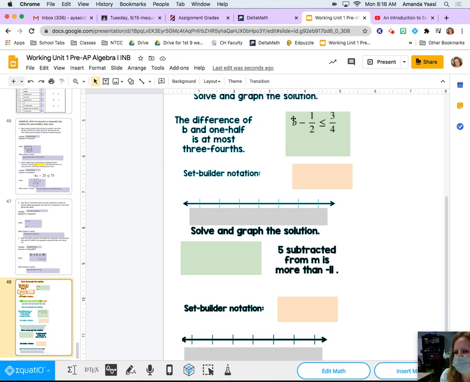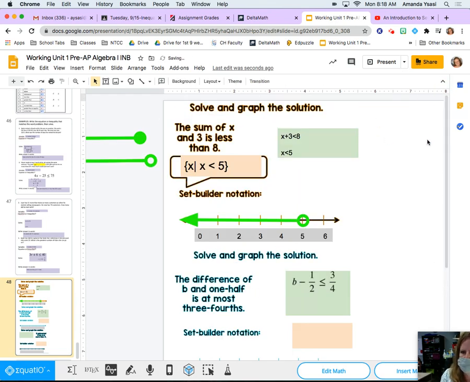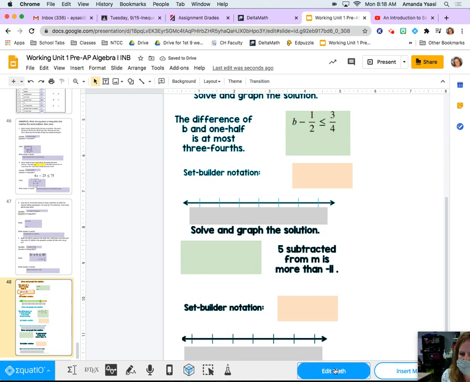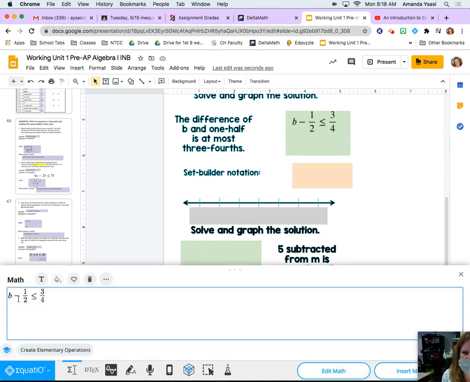But then we need to solve this. So how would we solve this? Plus 1/2. Yeah, plus 1/2 on both sides. So 3/4 plus 1/2, what would that be? Could you find the common denominator between the two where they cancel out the fraction? You could multiply by 4.